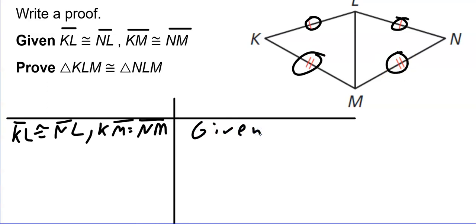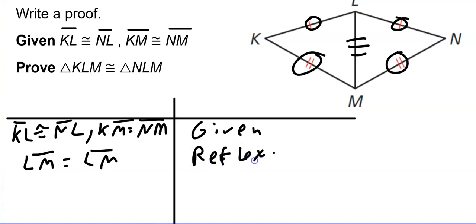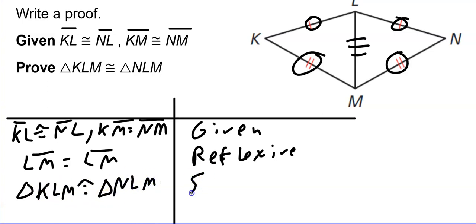And then this side, LM, is congruent to itself by the reflexive property. And guess what? We're done. Triangle KLM is congruent to triangle NLM by SSS. And that's it.